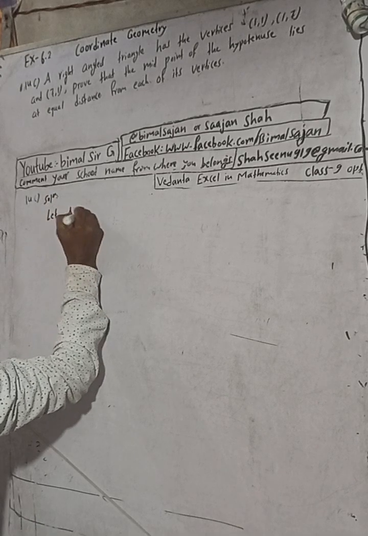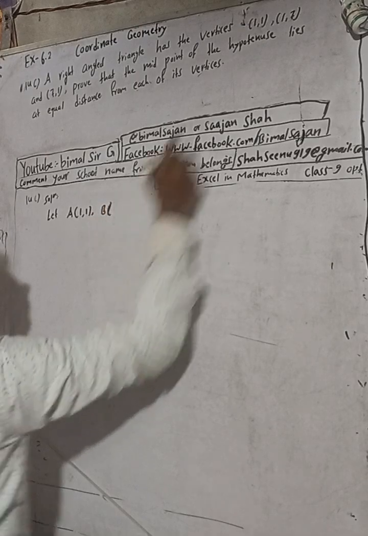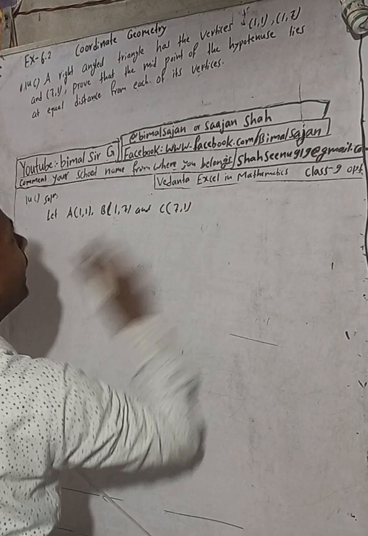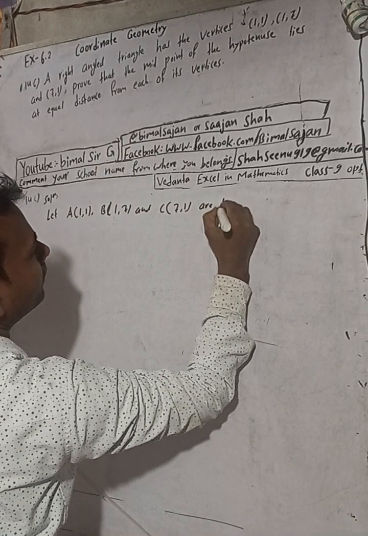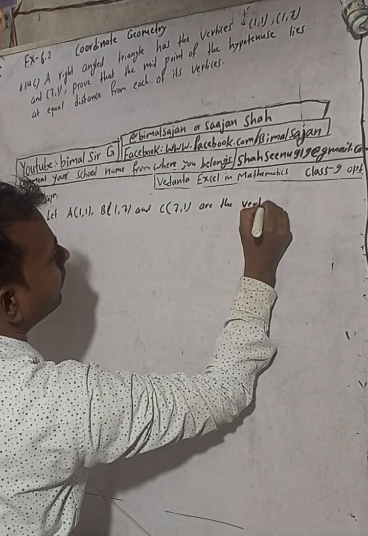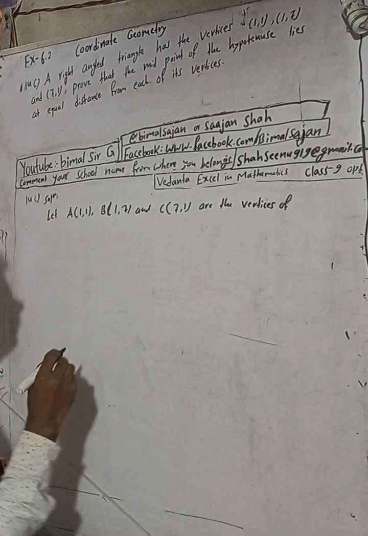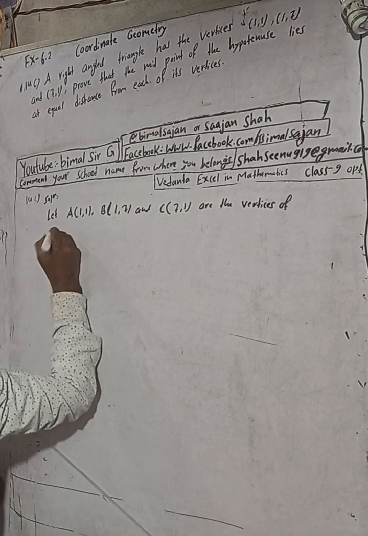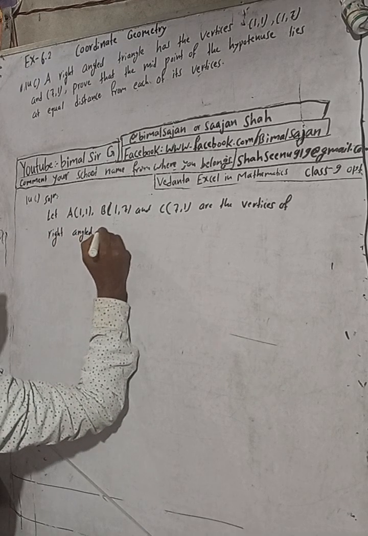Let A (1, 1), B (1, 7) and C (7, 1) be the vertices of a right angled triangle.